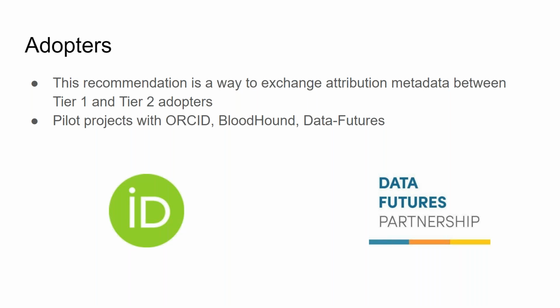And so far we've engaged in 2 pilot projects involving Orchid, Bloodhound, and Data Futures. And for those of you who are not familiar with Bloodhound, it is a project where people can go in and claim their specimens, or say, you know, this person collected this specimen, and it aggregates that data and presents a unified picture of someone's collections history.